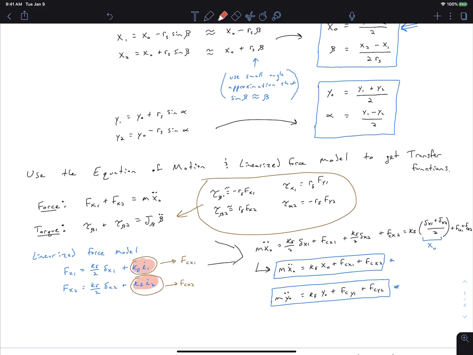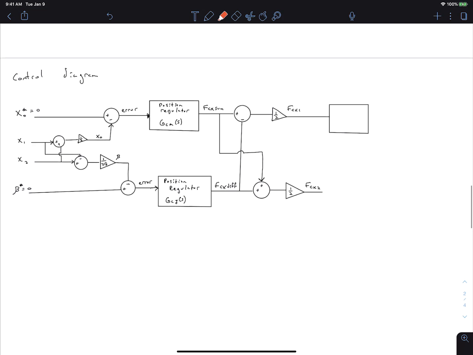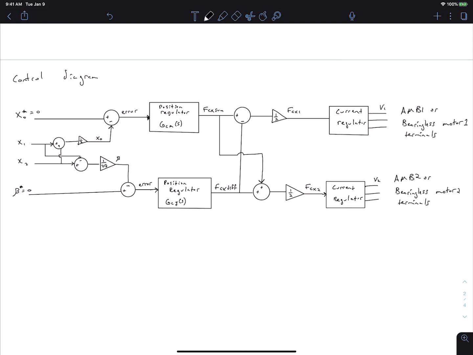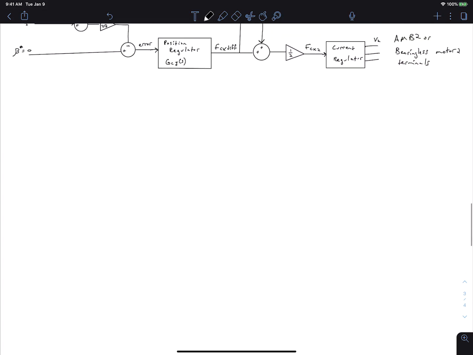So at this point, the steps depend on whether you're doing a bearingless motor or a magnetic bearing, but regardless, you feed it into some kind of current regulator, which is then going to deliver voltages to the terminals of your machine. So that is the control architecture. And we can also sketch the model that we would use for designing our controllers.